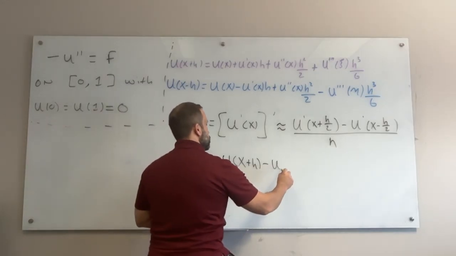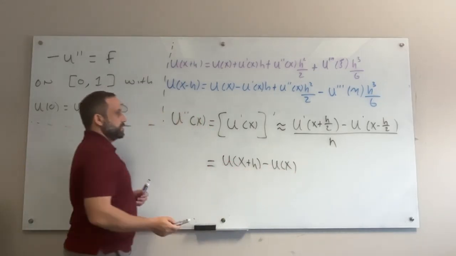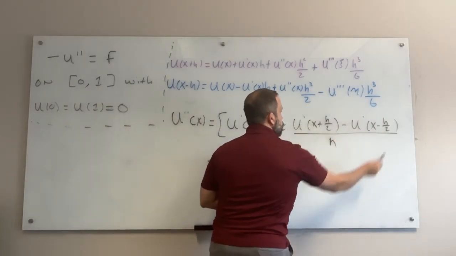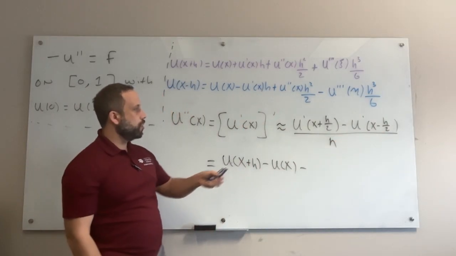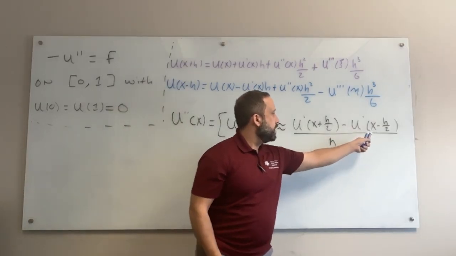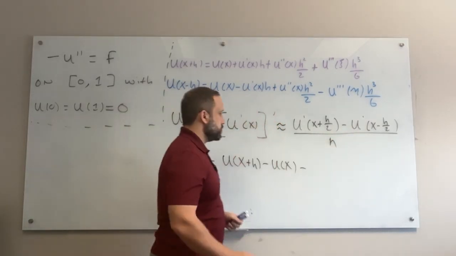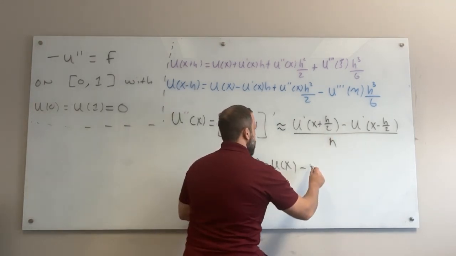And then for u prime of x minus h over 2, I'm going to add h over 2 to this to give u of x, so it's going to be minus u of x.